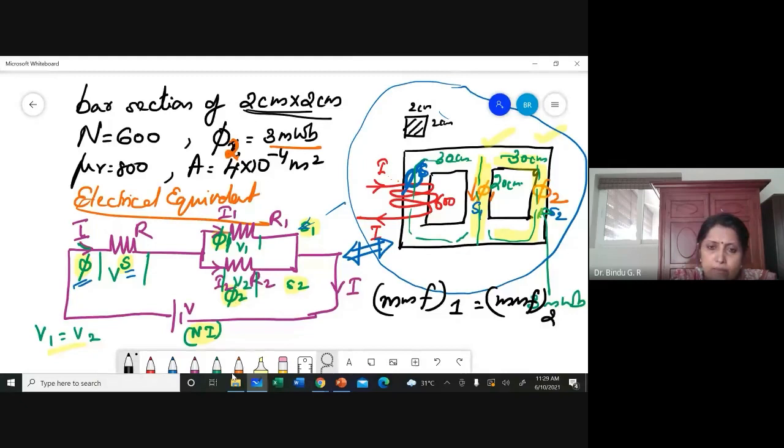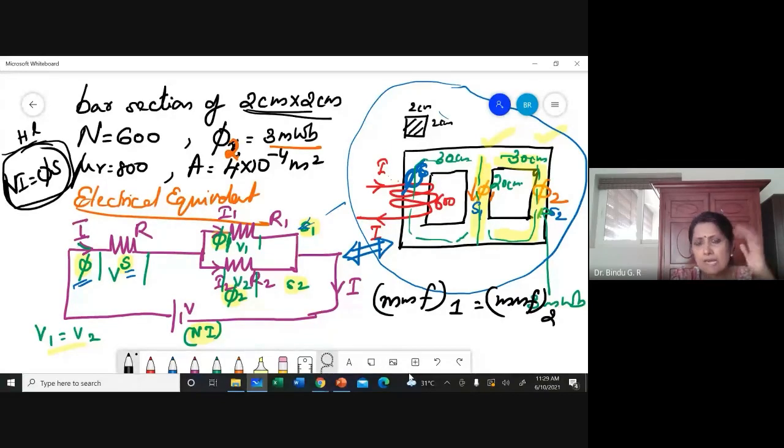What is the equation for MMF? Ni is equal to phi S, which is equal to HL also. But in this problem, we are concerned only with Ni is equal to phi S. Ni we cannot take. So phi 1 S1 is equal to phi 2 S2.